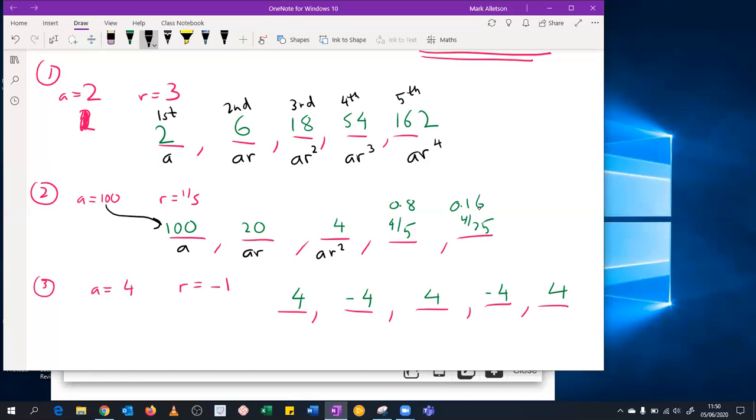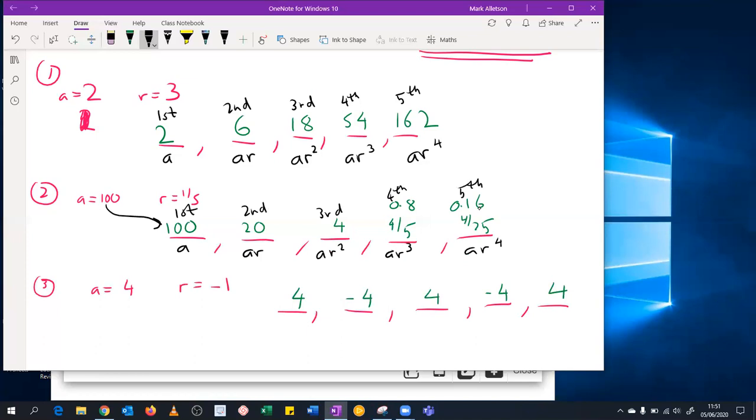And if you do 20 times a fifth, you'll get 4. But if you do R squared, a fifth times a fifth is a 25th. And then 100 times a 25th, it's still 4, but it still works. And the same process, this becomes AR cubed, this becomes AR to the power of 4, and this is still the first term, the second term, the third, the fourth, and the fifth term.